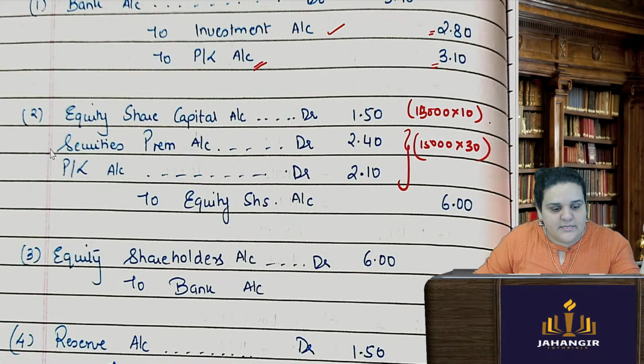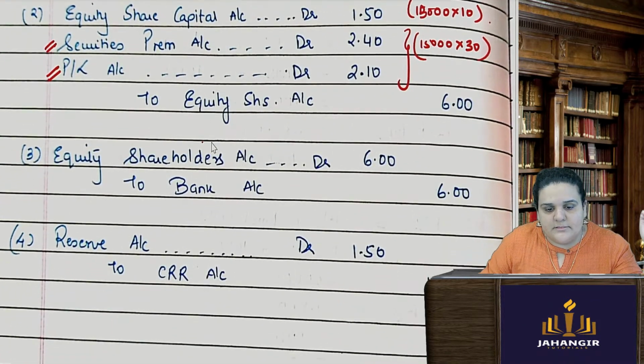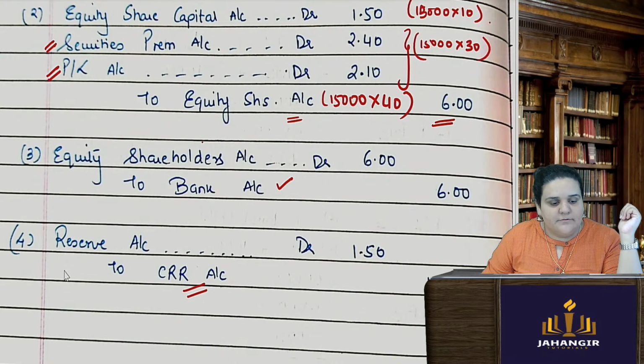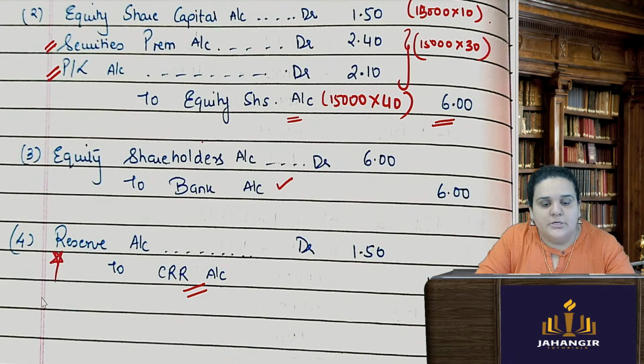I am using securities premium account and P&L for premium on buyback to equity shareholders. Giving them total 6 lakhs rupees, 15,000 into 40. Equity shareholders to bank. And which reserves have I used? General reserve to capital redemption reserve account. This is the most important journal entry.